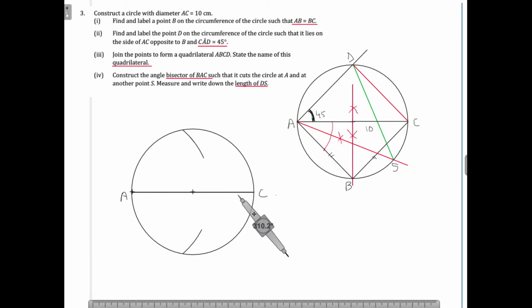Move the compass to the other side and cut over the first arc. Okay, now we have our bisector.